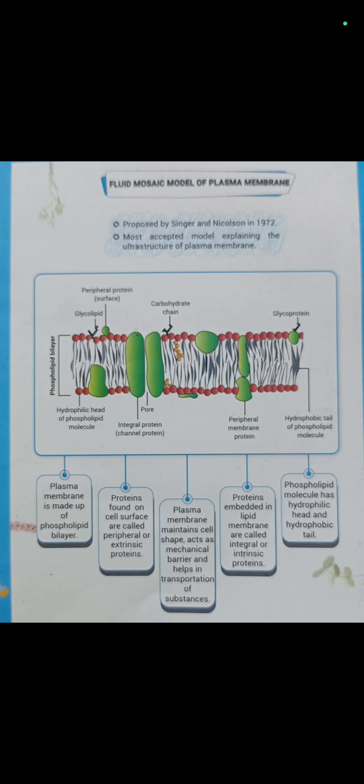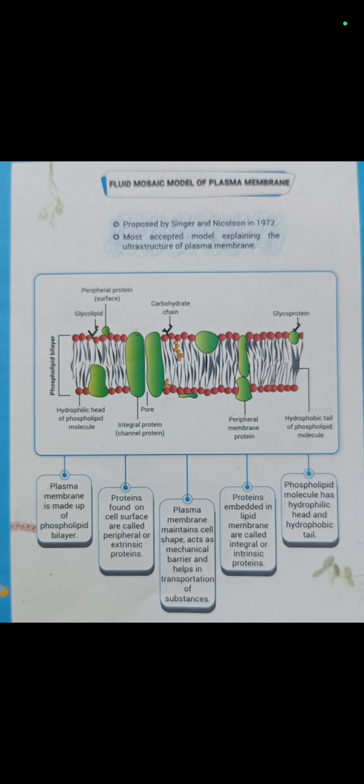Now, the green structures as you can see are the proteins. So, these are phospholipid bilayer. That means phospho means phosphate and lipid means lipids, and there are two layers of this. So, these are known as phospholipid bilayer. Also, the proteins are embedded internally or externally. If they are present internally, they are known as integral proteins, and if they are present outside, they are known as peripheral proteins.